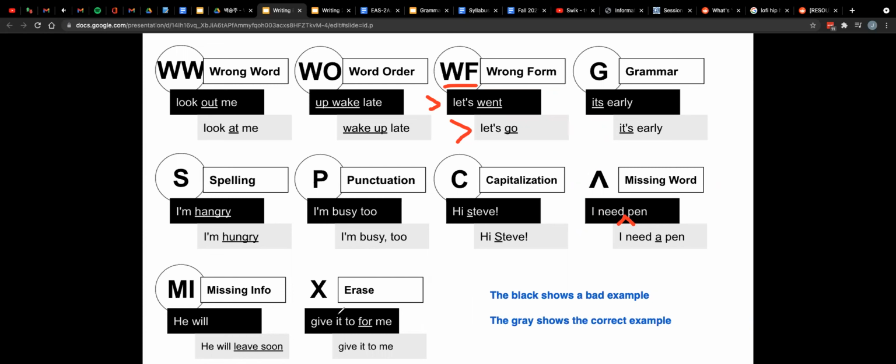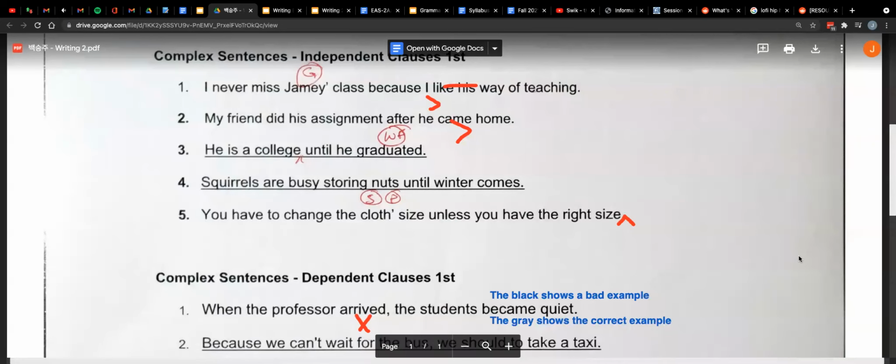Okay, and same thing here, the X. So it wouldn't be this, not give it to for me, it would just be give it to me. Okay, so that's what you would see on your paper here, right? Like these. Okay.